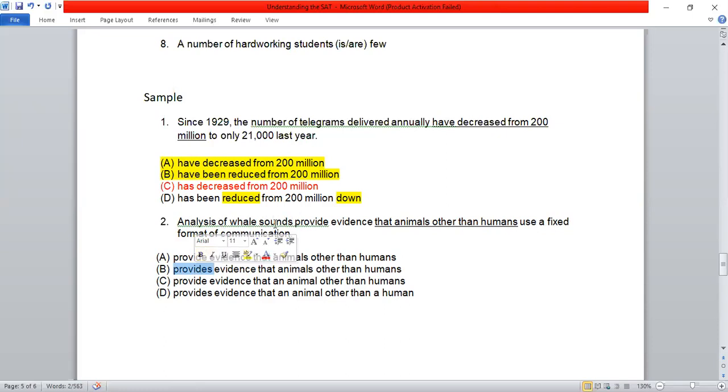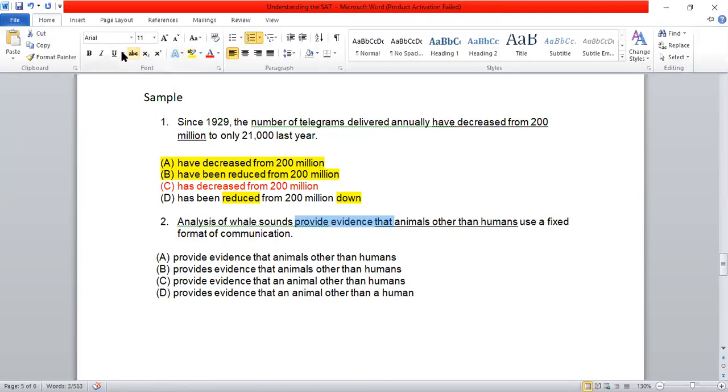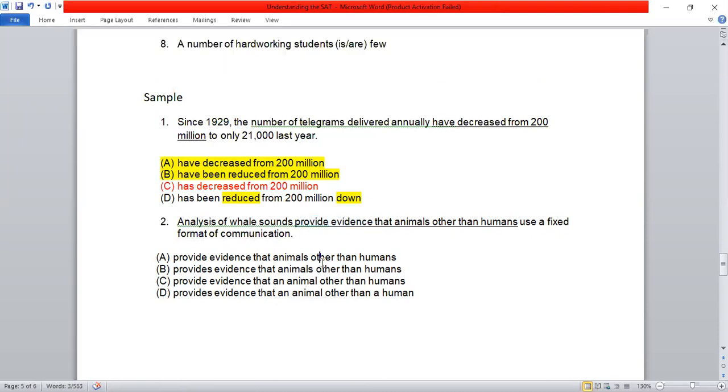So are the sounds providing anything or is the analysis providing something? This sentence is underlined from here. So analysis is providing something. The moment I say analysis, we know that an analysis is singular.